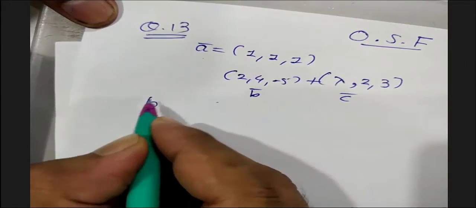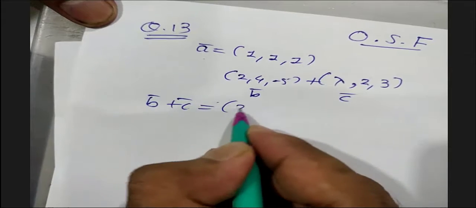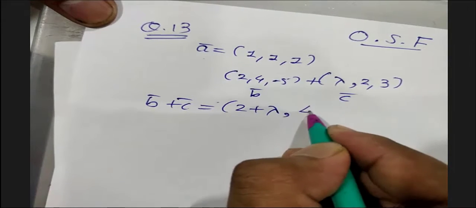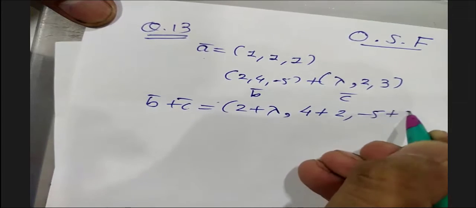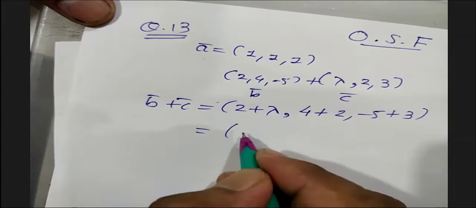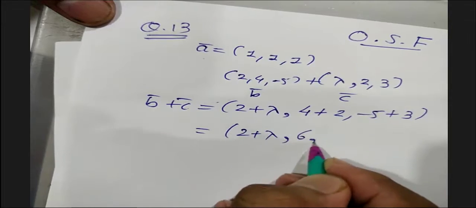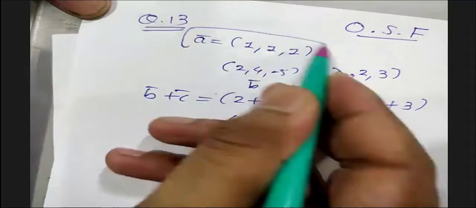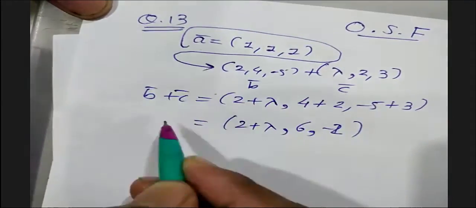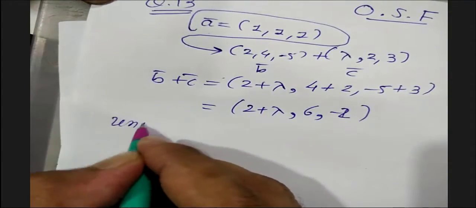First of all, find B bar plus C bar. So B bar plus C bar is (2+λ, 4+2, -5+3), which is (2+λ, 6, -2). This is the scalar product of A bar with the unit vector.